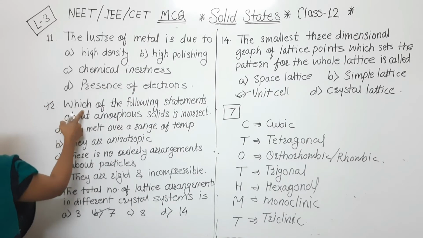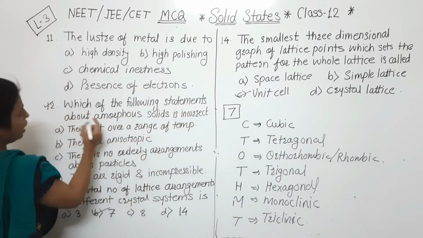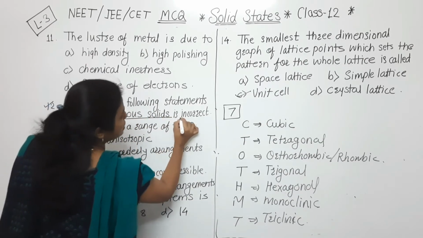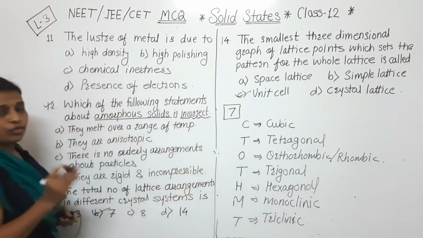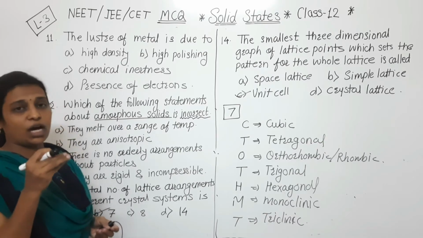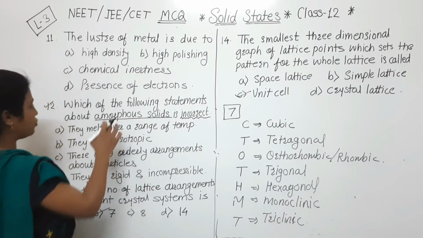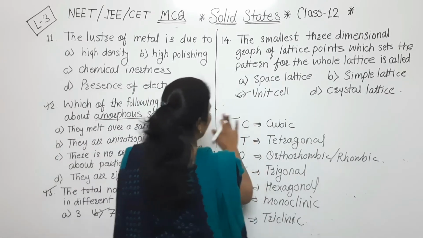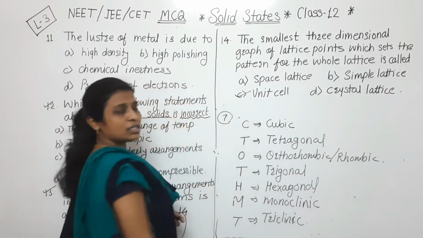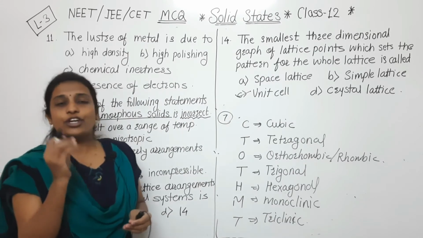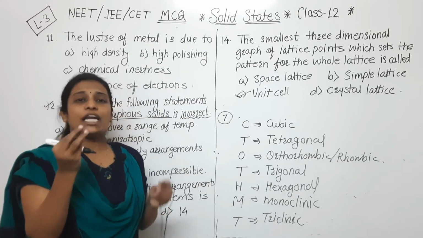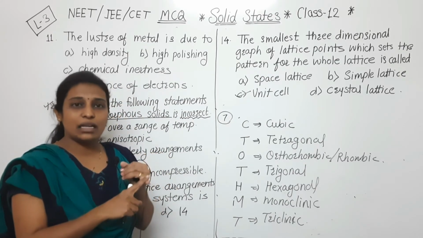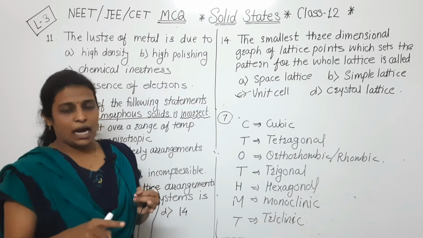Next MCQ is, which of the following statements about amorphous solids is incorrect? We are not going to select the correct one. We have to search for the incorrect statement for amorphous solids. As we know, in case of amorphous solids, the arrangement of the particles is irregular, means not orderly arranged.